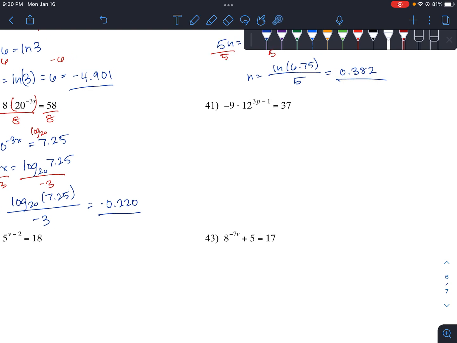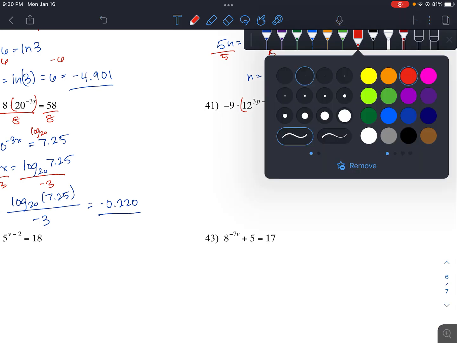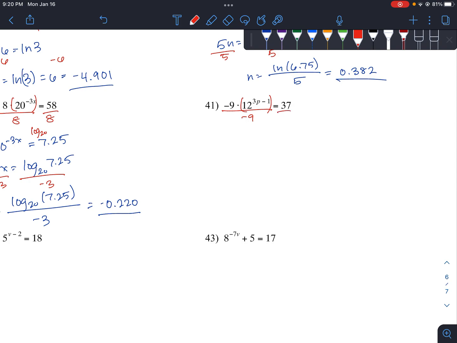For 41, here's my exponential expression. I'm going to divide by negative 9 on both sides. So 12 raised to the 3p minus 1 equal to 37 divided by negative 9.